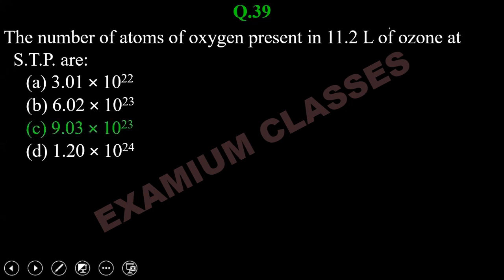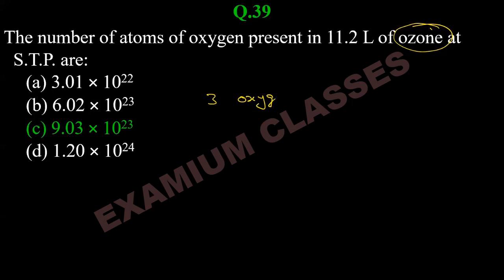All answers correct. So first you calculated the number of molecules, multiplied that by 3, because one ozone molecule has 3 oxygen atoms. 11.2 liter is actually 0.5 mole. 22.4 liter at STP of ozone will be 1 mole, so 11.2 will be 0.5 mole. 0.5 mole will be equal to how many molecules?